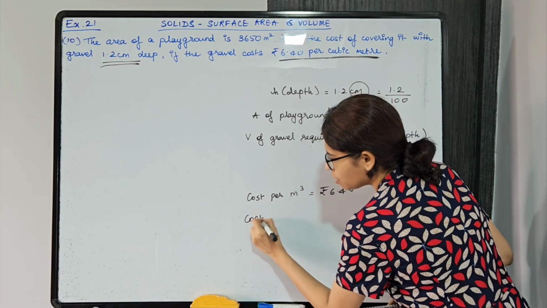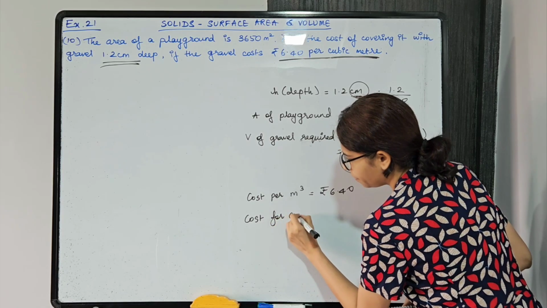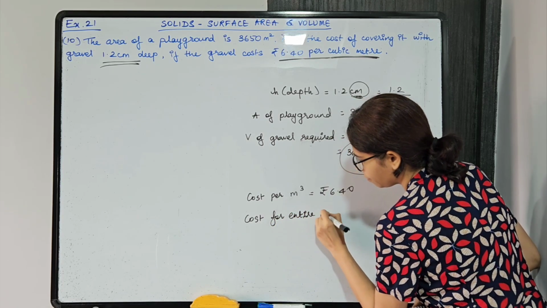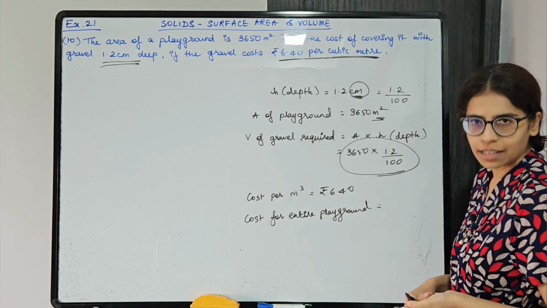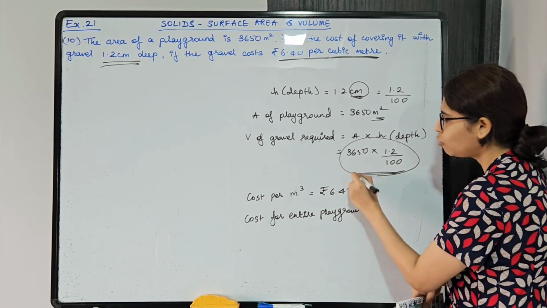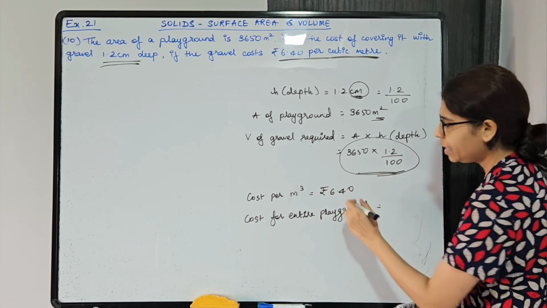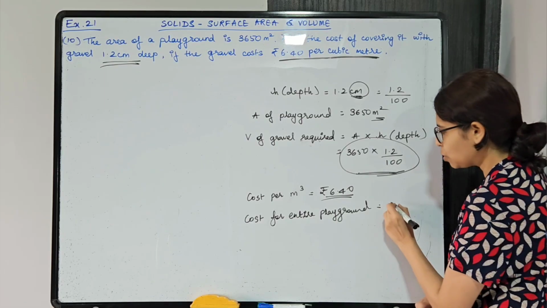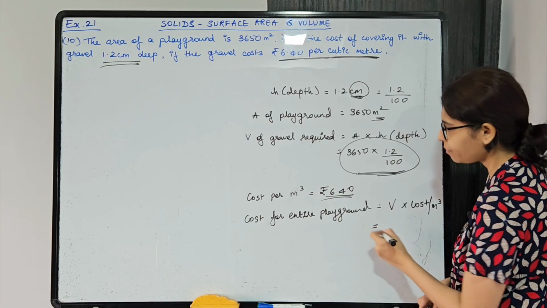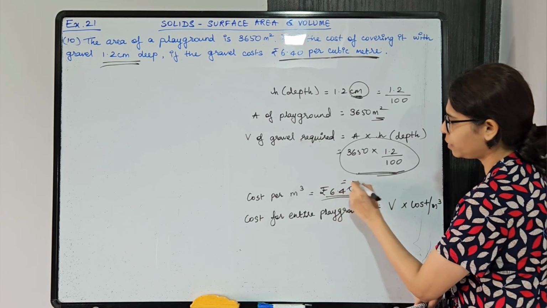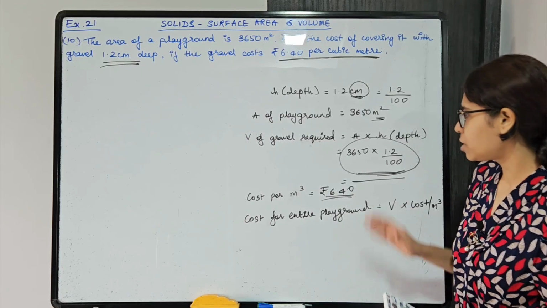So cost for the entire playground will be the volume up to which the gravel has to be covered, into the cost per cubic meter. The volume we will get by solving this, so volume into the cost. You just have to calculate.